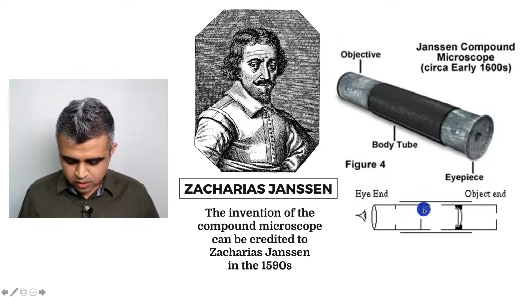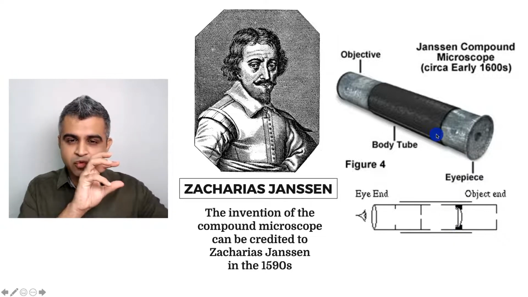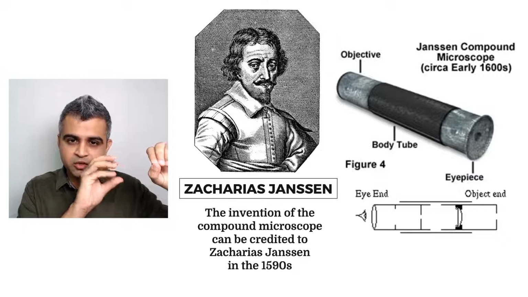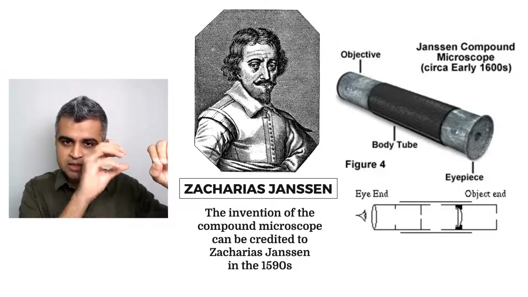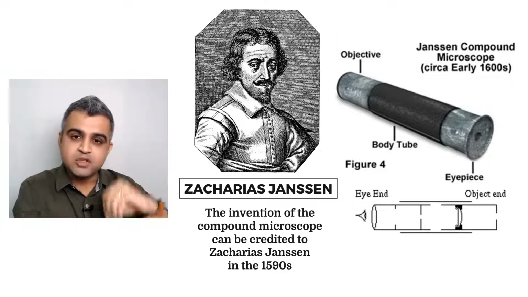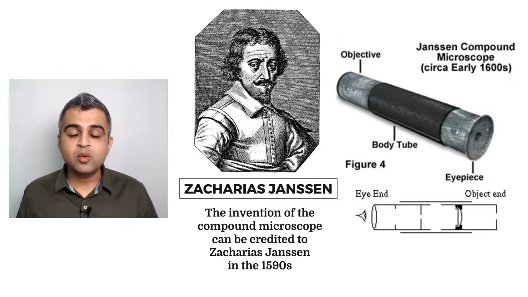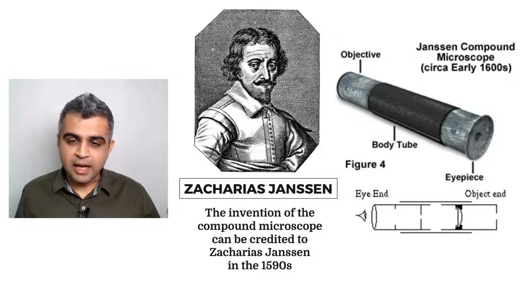This tube can move within the body tube, and this tube here can also move within the body tube. The two ends could move front and back, and the body tube would remain fixed. So you can move the eyepiece and the objective individually. This allowed you to adjust the focus and view something small in a better manner.